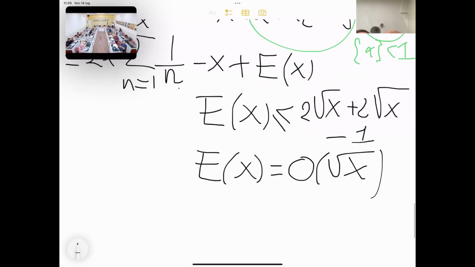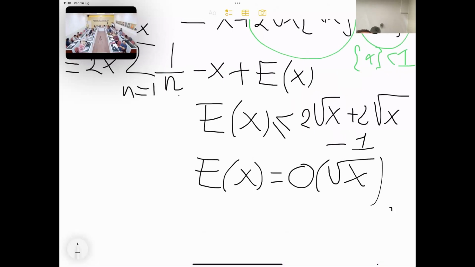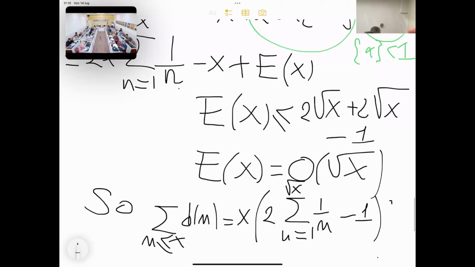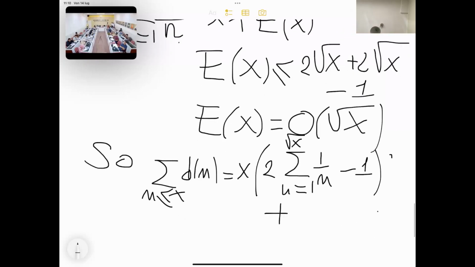So the sum of d of n less or equal than x is equal to x times 2 sum for n that goes from 1 to square root of x of 1 over n minus 1 plus an error term of the order of square root of x.